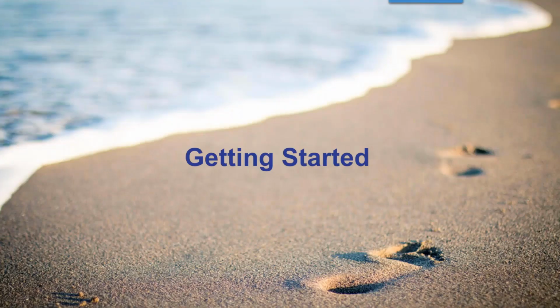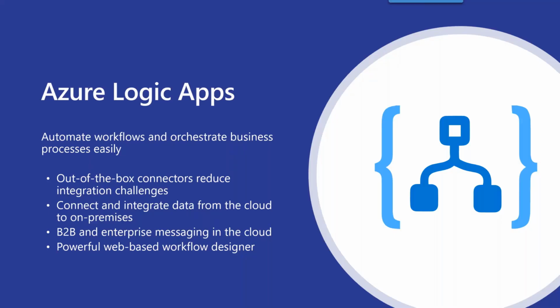So first things first, getting started. Azure Logic Apps is a tool to automate workflows and orchestrate business processes in an easy way. One of the big advantages of Logic Apps is that you have a set of out-of-the-box connectors that reduce the integration problems that you have. Before, you had to know exactly how some APIs work, how some SDKs work, for you to be able to connect.